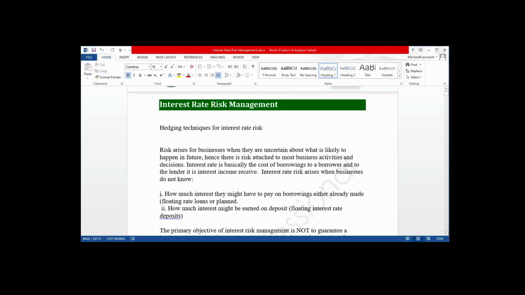When a company borrows at floating rates, that means you are not certain of the interest rates you are going to pay in year 1 or year 2, because the rate will fluctuate.